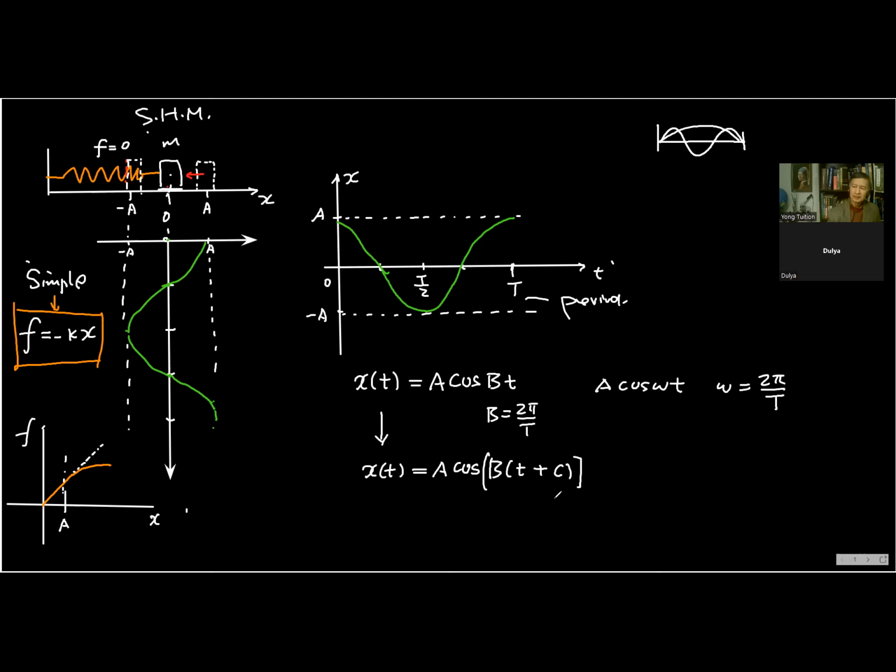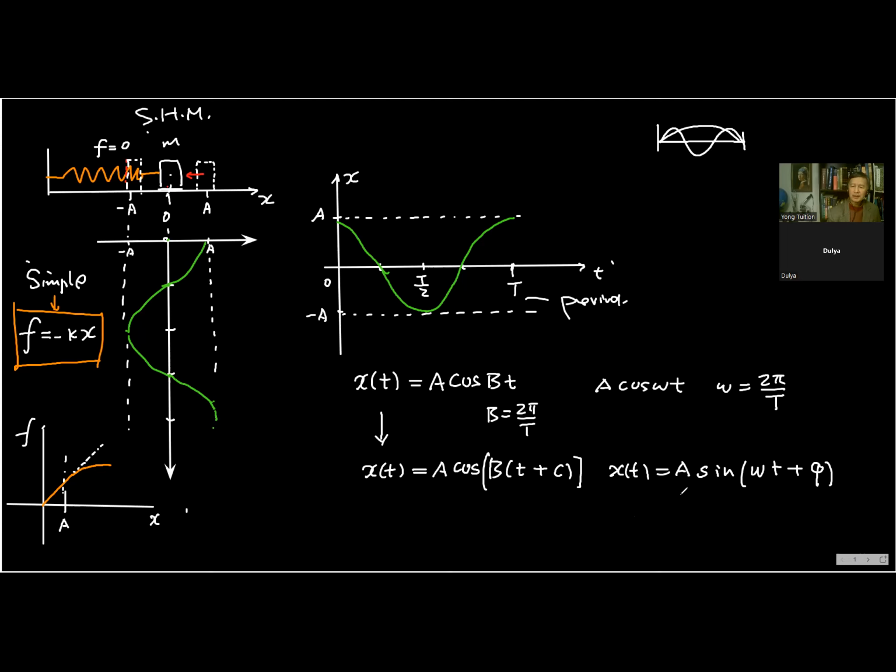But again, in physics, we prefer to write it in this form. A is for amplitude, and we can use a sine or cosine, it doesn't matter. We use omega t plus phi, which is the Greek letter phi.